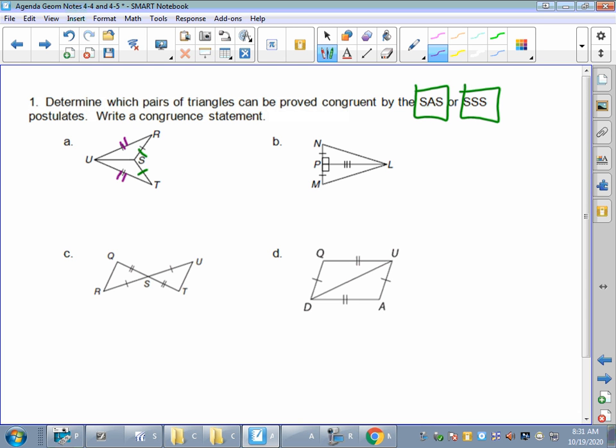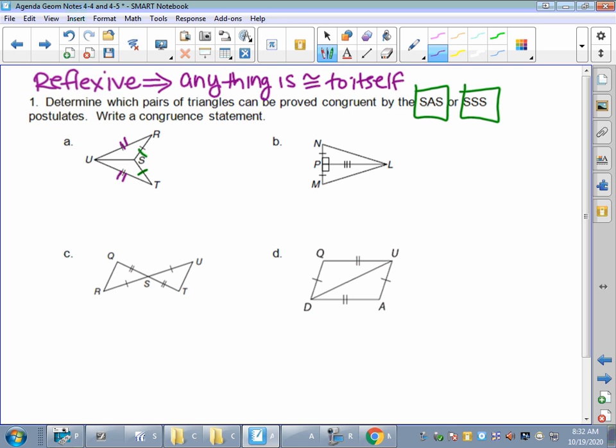I'm not sure if you remember that reflexive property from section 4.3 that said anything is equal to itself. I think we did triangle ABC is congruent to ABC in the notes. Reflexive, anything is congruent to itself.